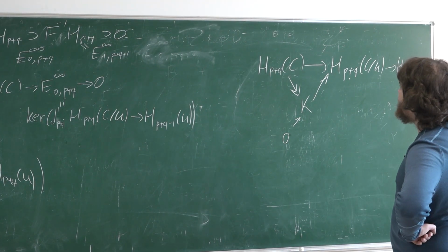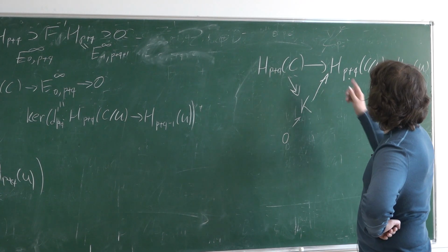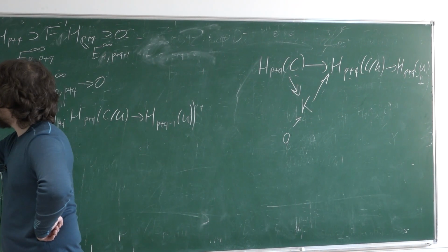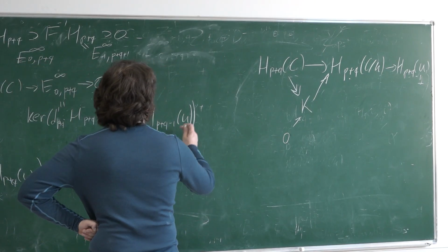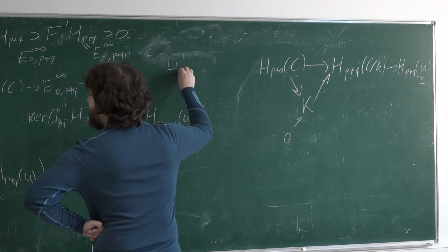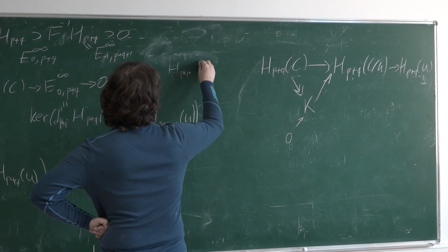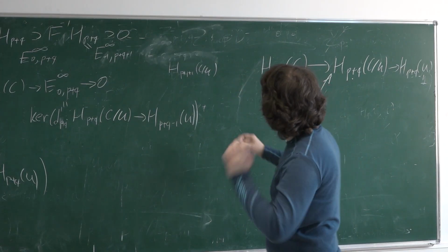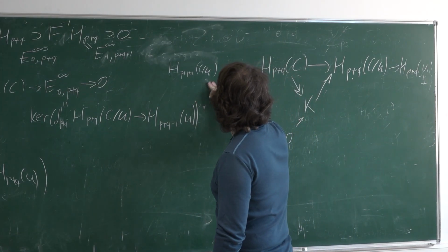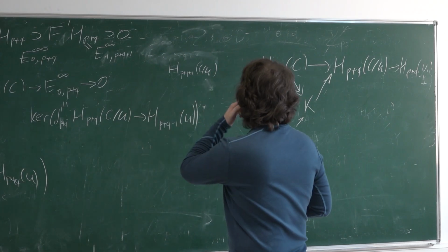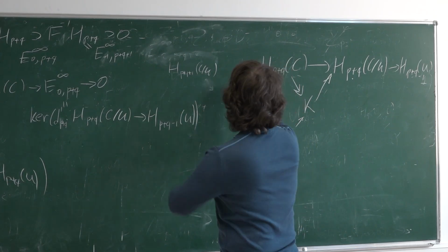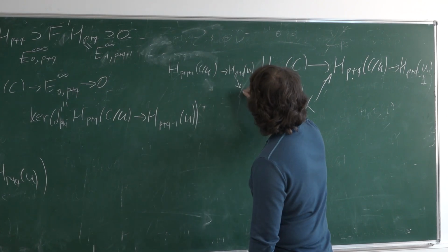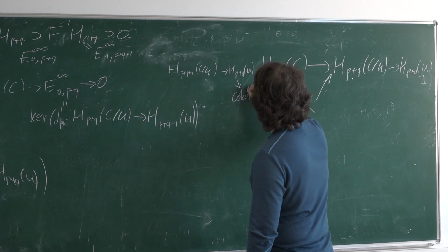You can check that this map is induced by the quotient. On the other hand, you have the inclusion of this thing, and this is the cokernel. You have H_{P+Q+1} of C modulo U going to H of U, and it has a cokernel, and we have the inclusion of this cokernel.